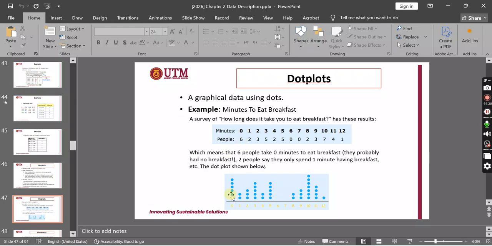So you put 6 dots here. This data set is mixed data. How? The number of people is discrete, we know it's an integer number, but the minutes are continuous, because time is continuous. So you have two types of data. It's a mixed data set. At 1 minute you have 2 persons, so you put 2 dots here, and so on for the other ones.